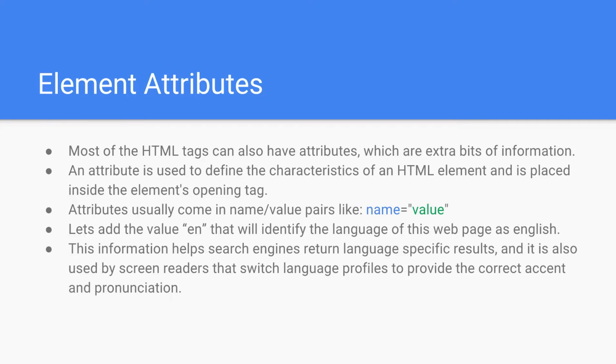Attributes. Most of the HTML tags can have attributes, which are extra bits of information. An attribute is used to define the characteristics of an HTML element and is placed inside the element's starting tag. Attributes usually come in a name-value pair, like name equals a specific value.